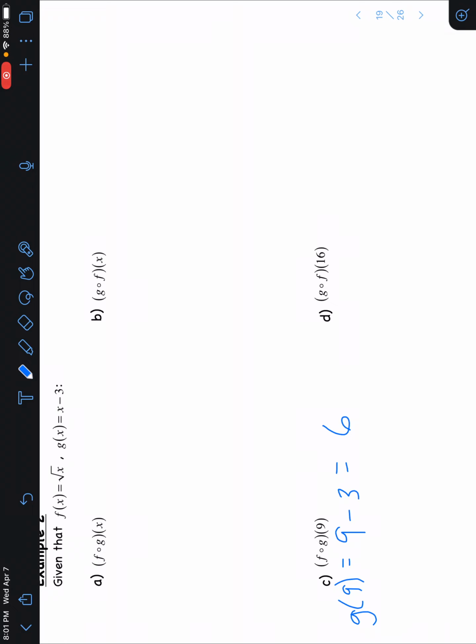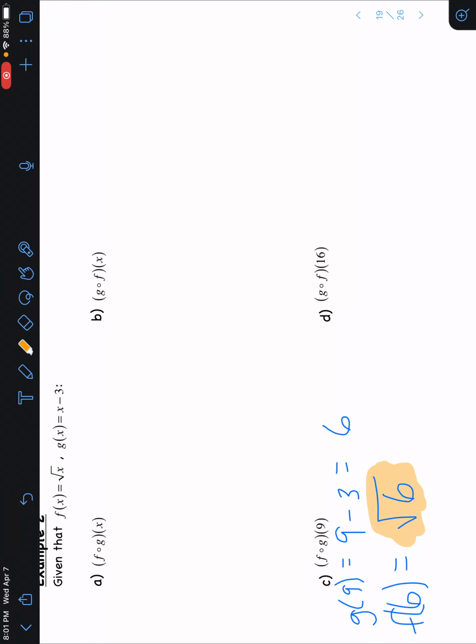Now we take that 6 and we're going to plug it in for function f. So f of 6, function f at the top of the screen is square root of x. So that would be square root of 6. Now, we are dealing with a square root, but the square root cannot be simplified and stay in radical form. So that's actually my answer. We do not want decimals here. We would keep it in simplified radical form, square root of 6.